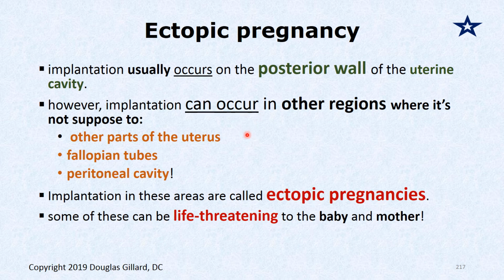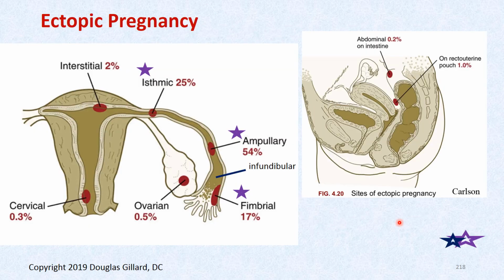But anyway, it can bind in weird places. The fallopian tubes, a tubal pregnancy, is terrible. It could even bind outside in the peritoneal cavity somewhere, the pouch of Douglas maybe. These are called ectopic pregnancies. They can not only destroy the baby, of course, they can kill the mom, because the mom can bleed like crazy. I've actually had this on a couple tests before.